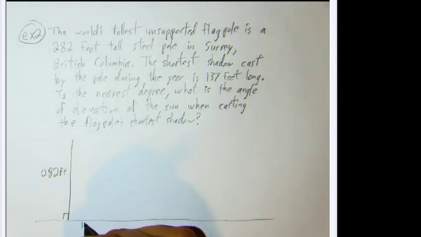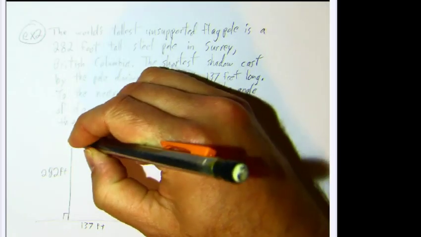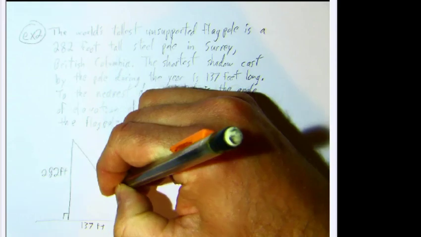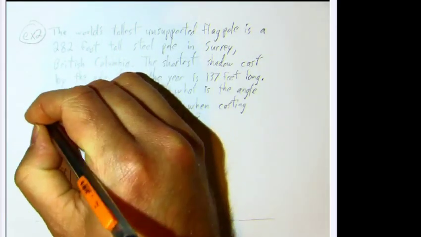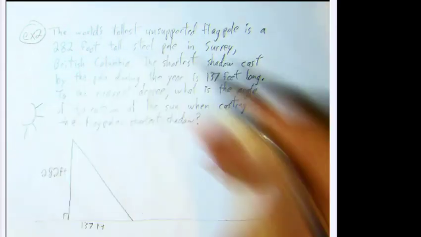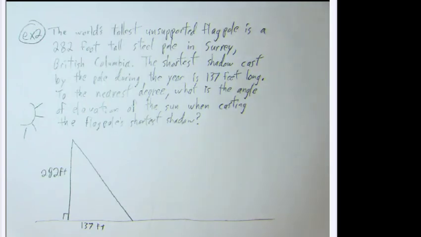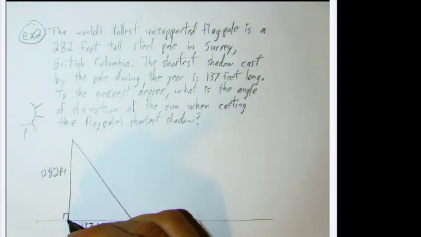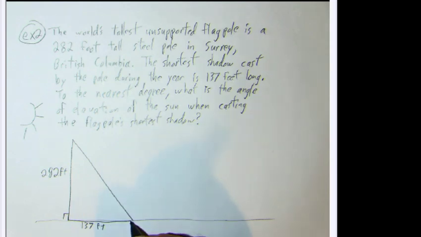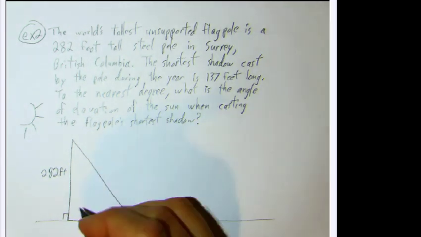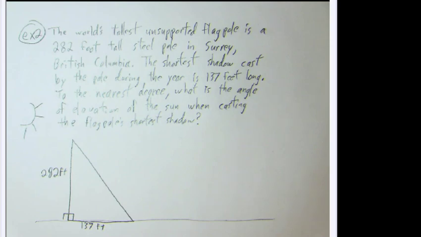Well, that's going to be like this. And our triangle then is going to be like this, where the sun is somewhere up here, making its sunshiny rays. So there's our shadow, 137 feet long. So our triangle then is this.